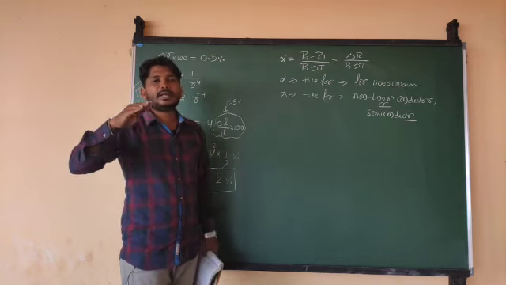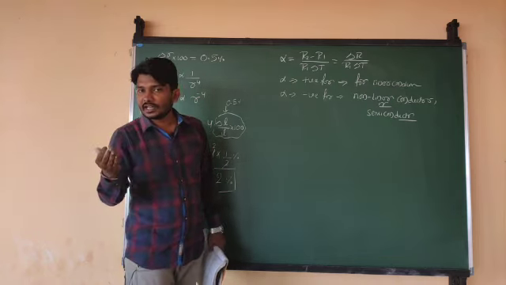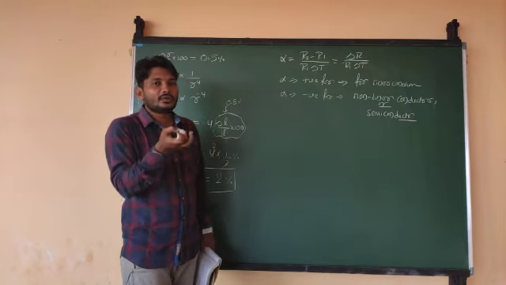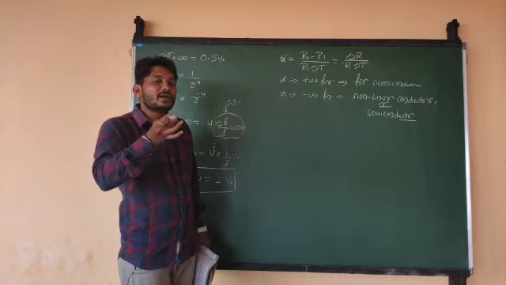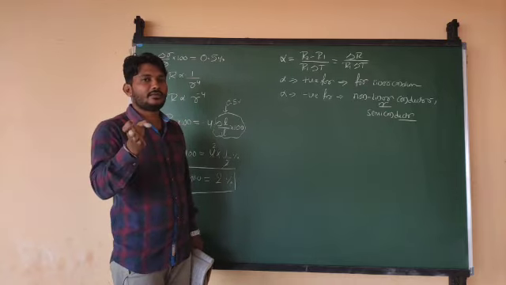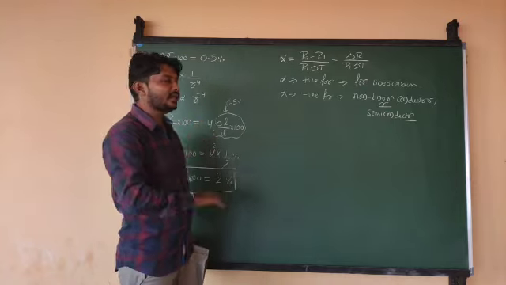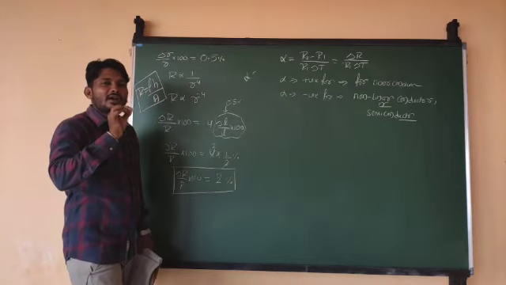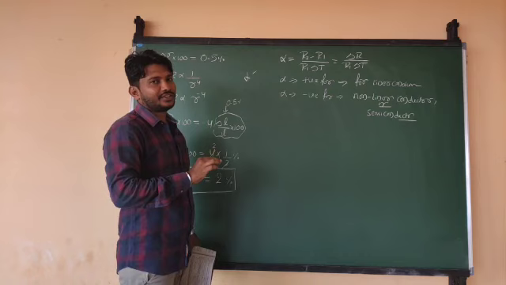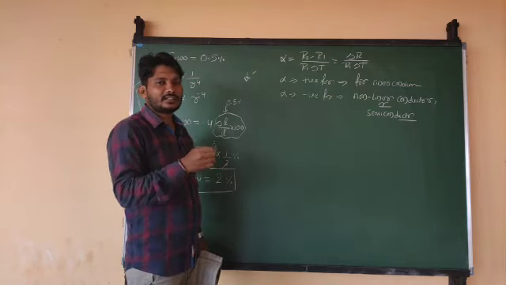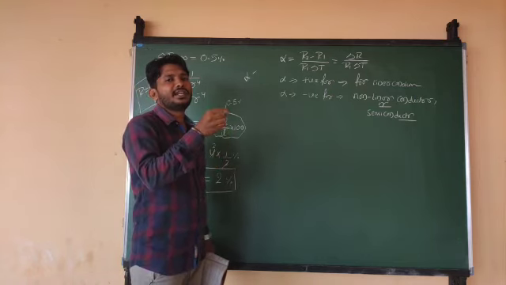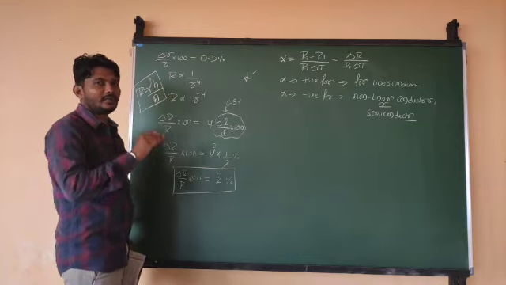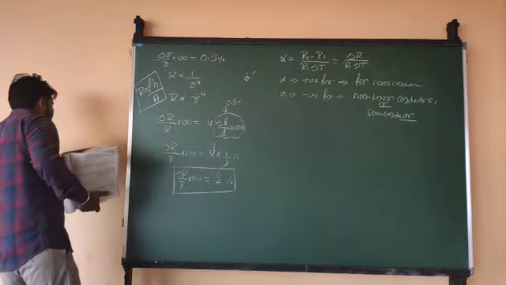So if the temperature increases, the resistance will increase, in the sense you won't get the exact value. So I have to choose such a material that it won't affect the resistance much. For that purpose we use manganese wire. The purpose of using manganese wire is that it is not affected by temperature. It means that as the temperature increases, there will be no change in its resistance value. So for that purpose we use manganese wire in experimental setups.